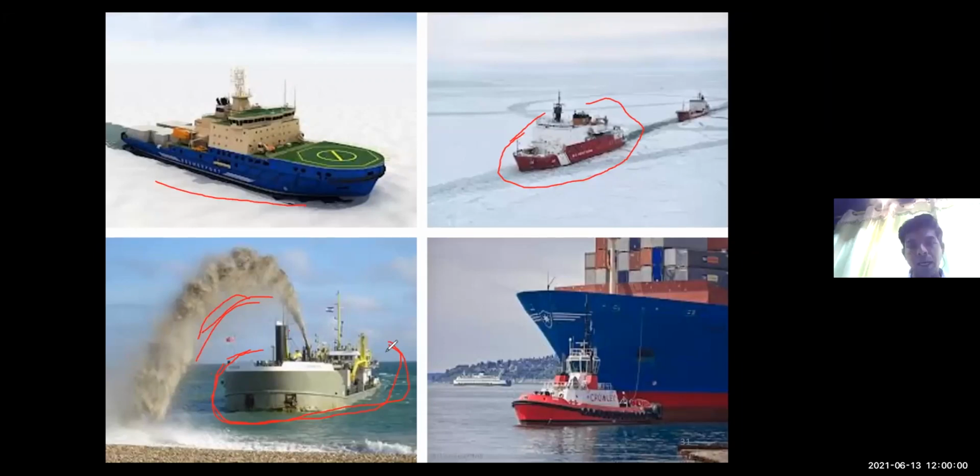Obviously, if this mud gets accumulated at the berth, a vessel cannot berth at the jetty. She will run aground, the bottom will touch the ground. To avoid this, there is a special vessel called a dredger. They take out this mud and put it away.